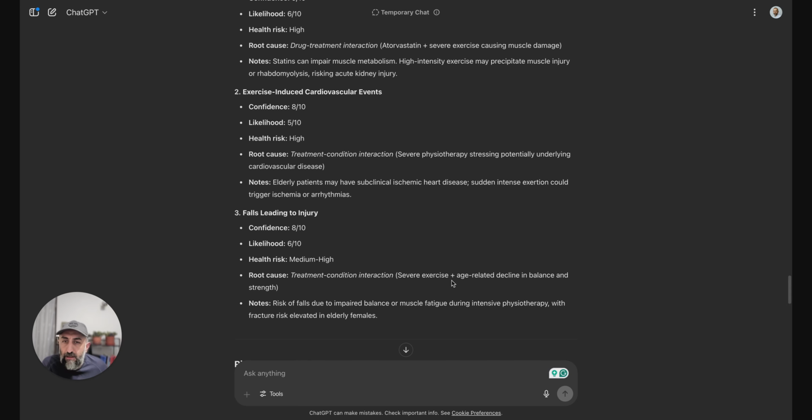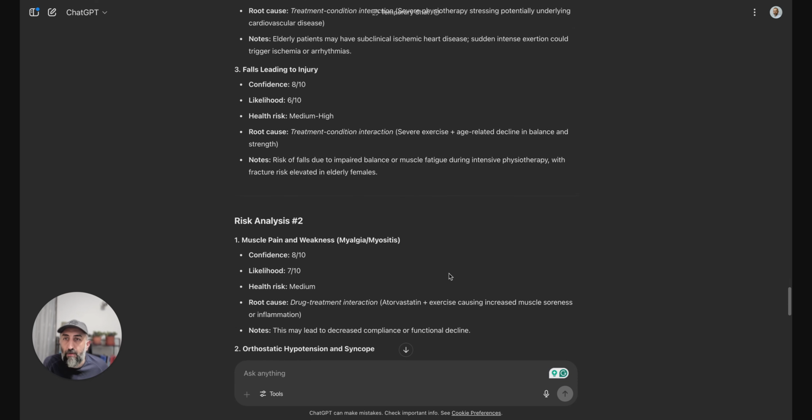Let me see, maybe another, or let's look at the falls leading to injury. The root cause is a treatment condition interaction. It means the treatment is severe exercise or physiotherapy sessions, and the condition is that the person is a bit old, so there is an age-related decline in balance, and severe exercise may create some risks. So this is also very important in all of the risk analysis.